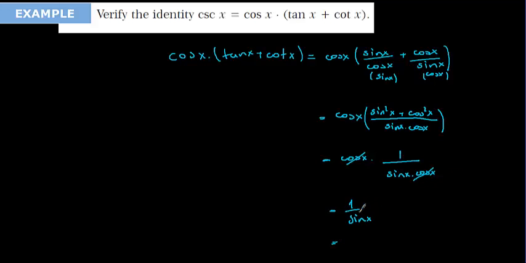Now 1 over sine x, if you remember, secant x is equal to 1 over cosine x. Cosecant x is equal to 1 over sine x. So this is cosecant x.